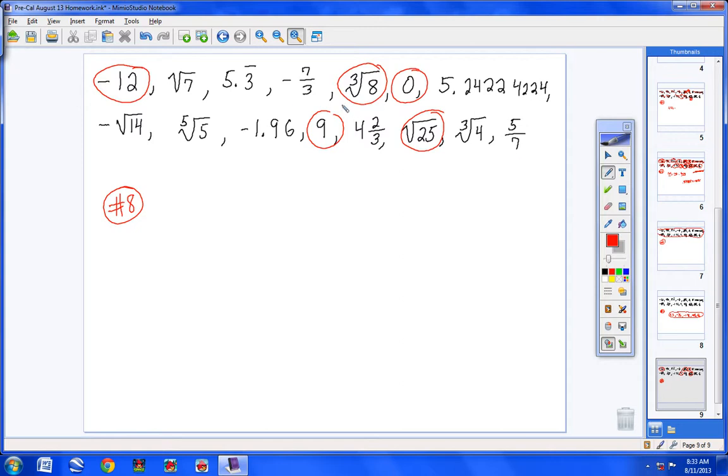Okay, these are your 5 integers. Now, number 8 says which ones are integers but not whole numbers. Not whole numbers. Well, whole numbers start at the number 0 and they go to the right. So this would not be, let's see, I apologize, hold on one second. Which ones are integers but not whole numbers?